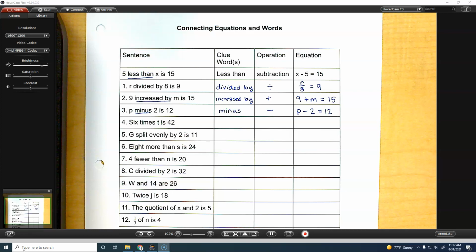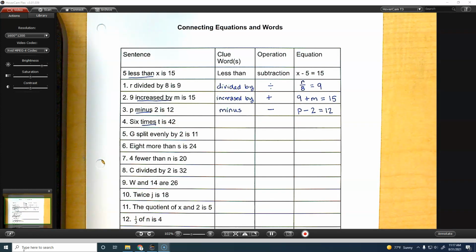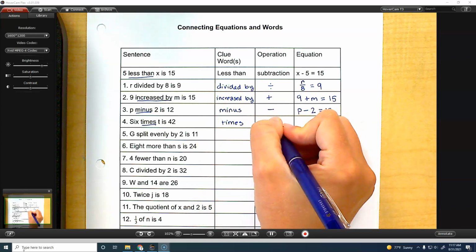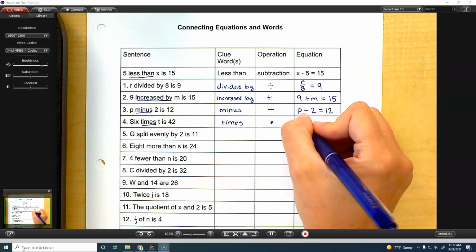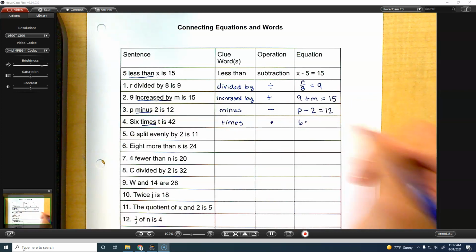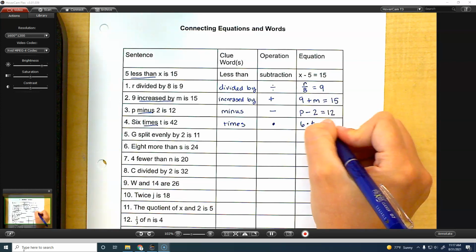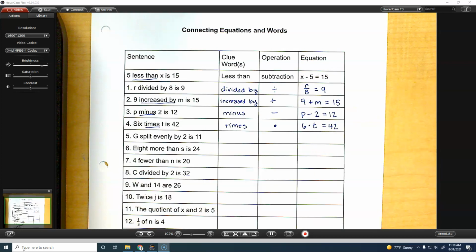Okay? For number 4, we've got times. Times is our key word. It means to multiply. I'm going to use the dot for multiplication here. So, 6 times T is 42.